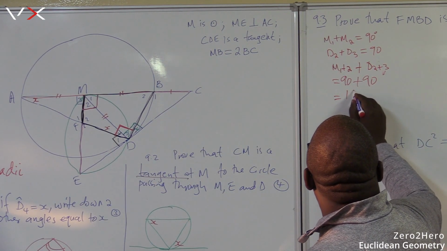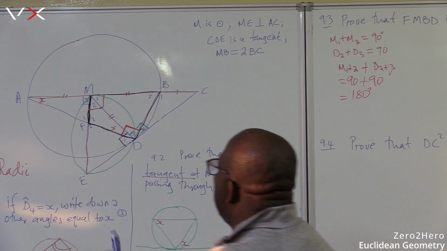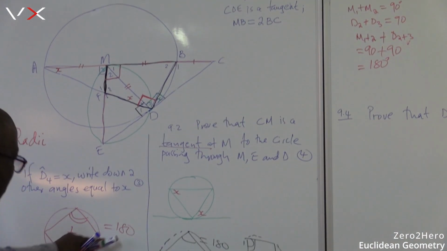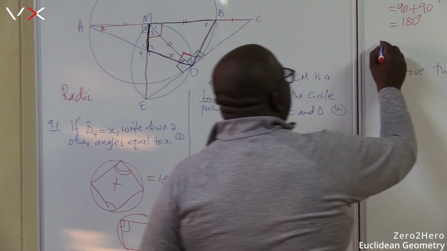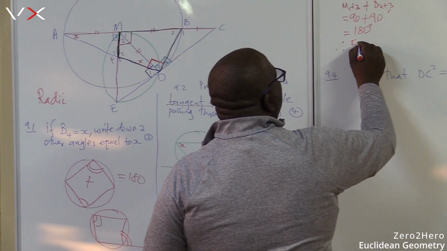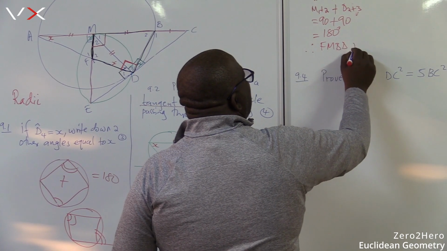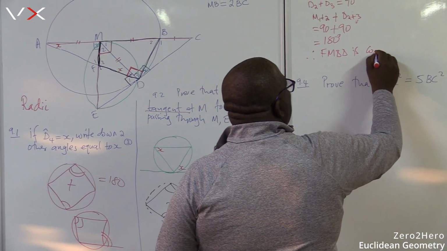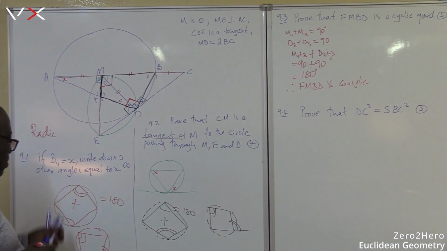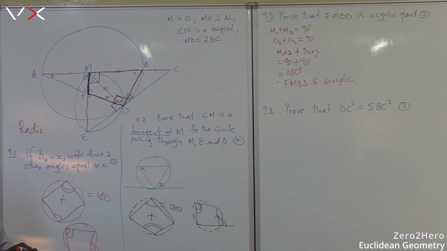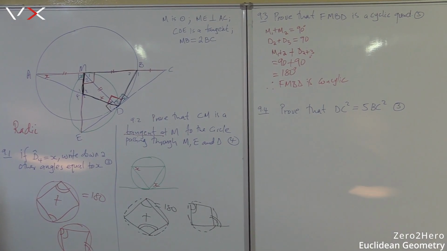What is 90 plus 90? It is 180 degrees. What is this saying to me? The sum of these two angles, if they are 180, this will be concyclic. Therefore, FMBD is concyclic. Converse of the sum of two opposite interior angles of a cyclic quad. So that's how you go about doing it.